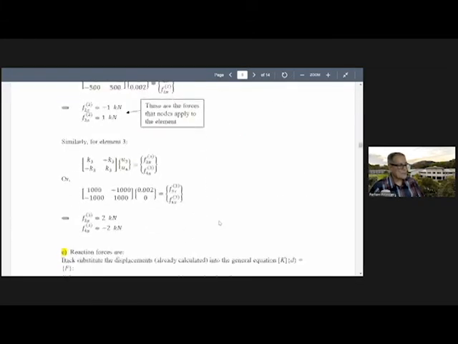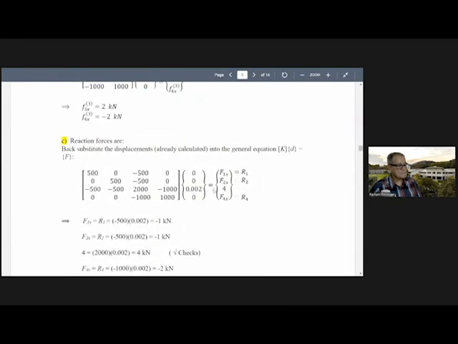So going back to this, we put 4 for this node 3, multiplying this row times this column, we get reaction at node 1, negative 1, and at node 2, we get negative 1. For this third equation, we already know this, so it checks.